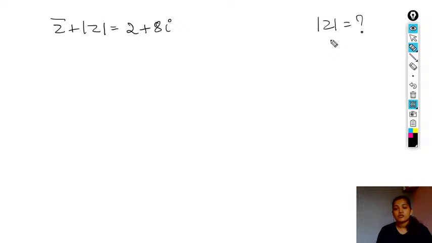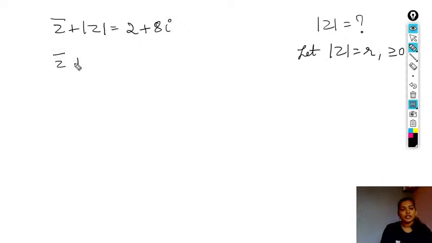We know modulus of z will always be a positive quantity or equal to 0. So let's consider, let modulus of z be equal to r, where r is greater than or equal to 0. So let me substitute in the given equation. So I have z conjugate plus r, this is equal to 2 plus 8 times iota. I am rearranging this equation, students.